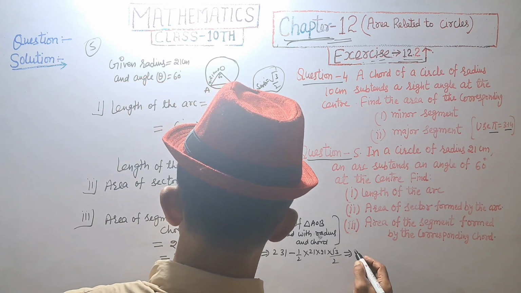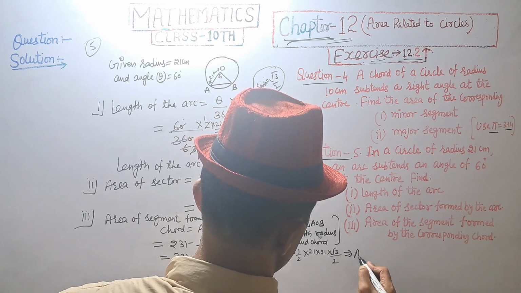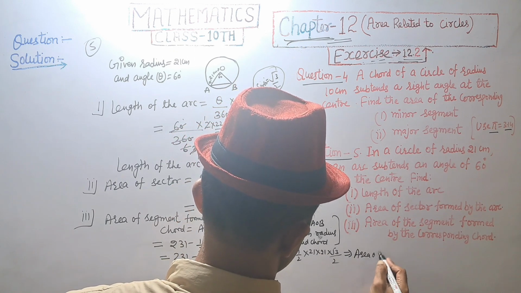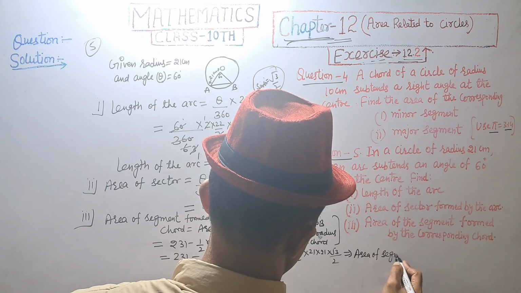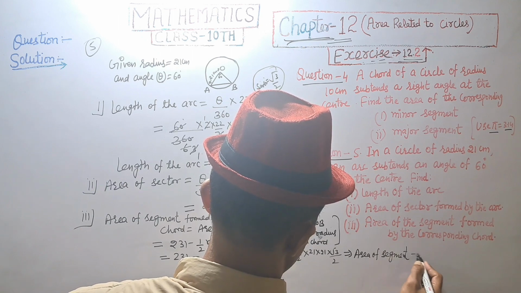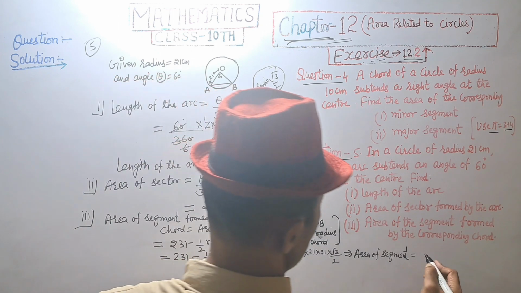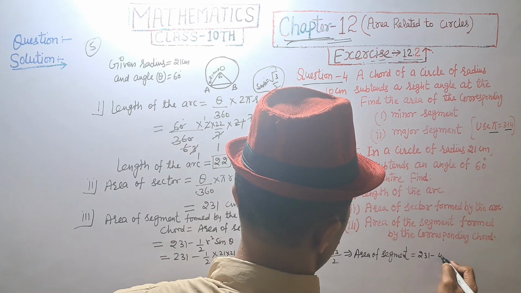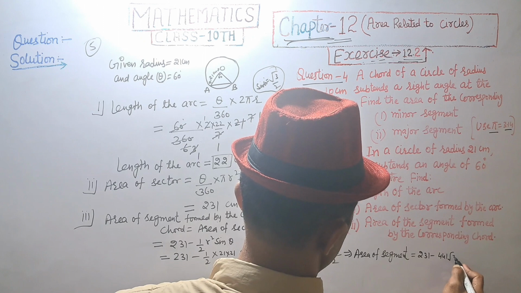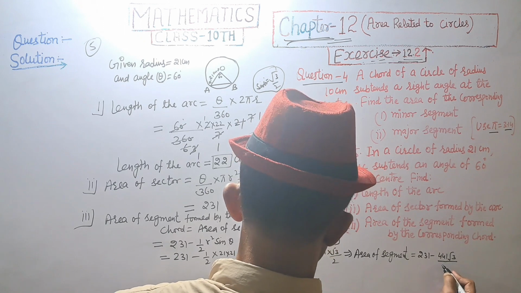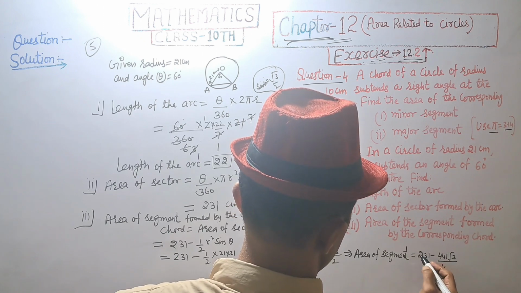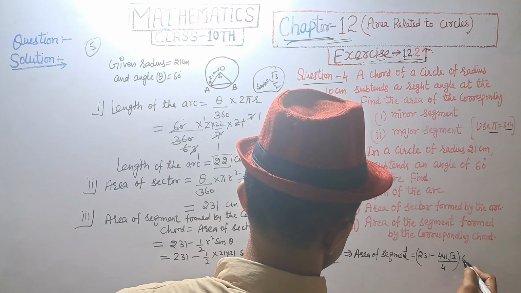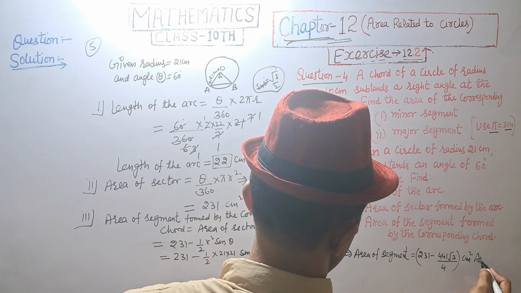This implies area of segment is equal to 231 minus 441 root 3 divided by 4 centimeter square.